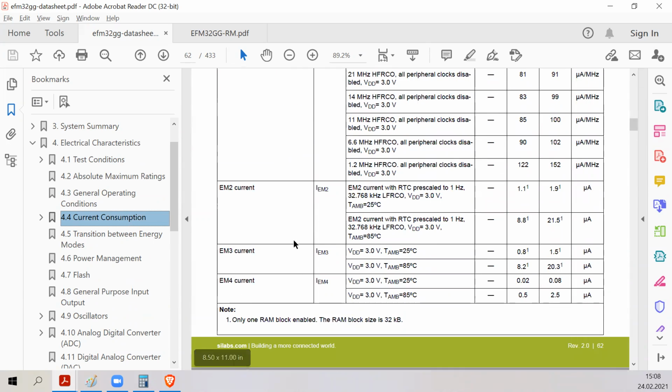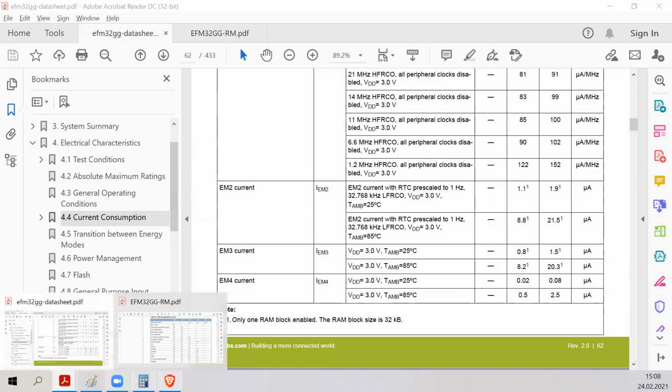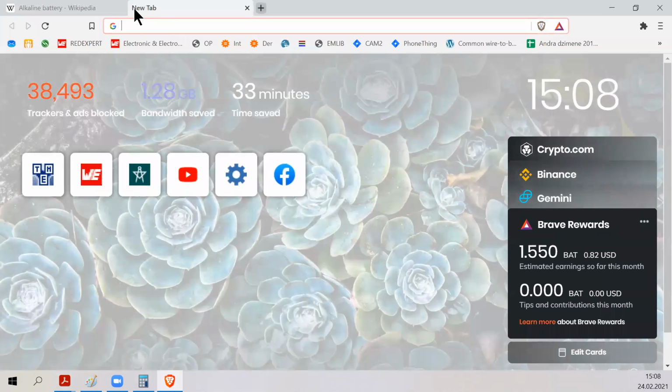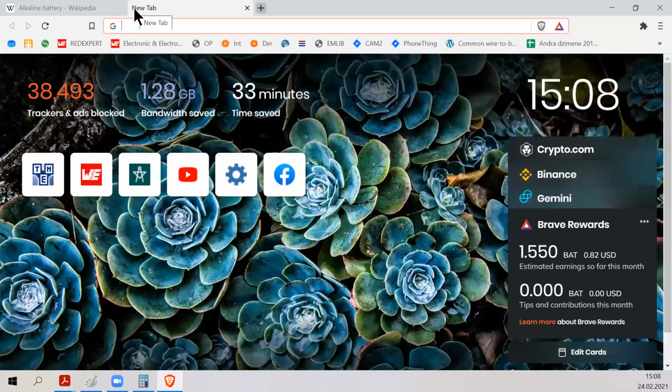Let's compare power consumption of this chip to something a little bit older. So this chip that we have here at hand is EFM32. It's an ARM Cortex chip. It's very new technology. It has very small transistors, but let's compare its power consumption to a very old chip.